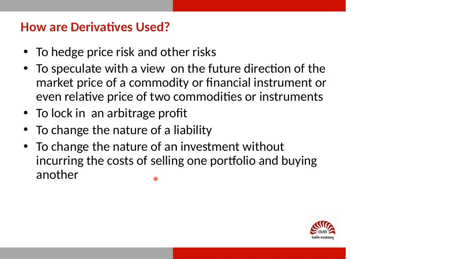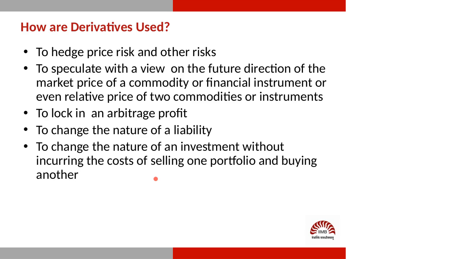Now, for whatever reason, you do not want to have the loan on your books. What can you do? You can ask the borrower to repay and close out the loan. That's the easy part. But maybe you are not in a position to do that because there are other covenants and legal constraints which do not allow you to call back the loan early.